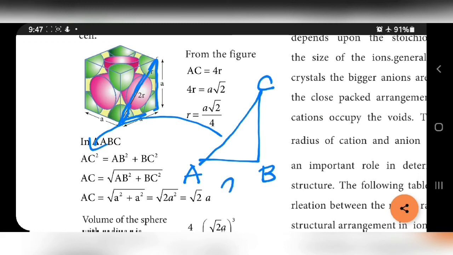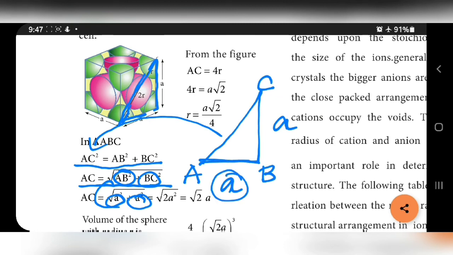From this picture, AB length is a and BC length is also a. So AC square is equal to AB square plus BC square. From that equation, AC is equal to square root of AB square plus BC square. In this equation, instead of AB we substitute a, and instead of BC we substitute a, because AB length is small a and BC length is small a. Both are obtained from the picture.